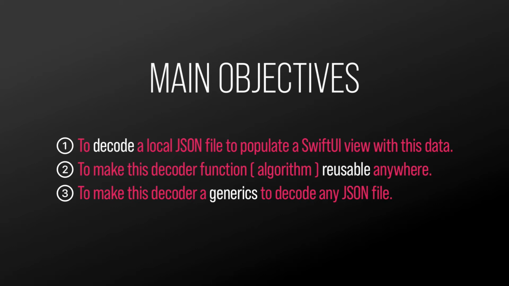Moreover, our main objective is to decode not only one specific JSON file, but multiple JSON files with different data structures. To simplify this complex goal, first we are going to accomplish the first and the second goals in this particular lecture. But don't worry, in the next class we will cover the third goal as well.